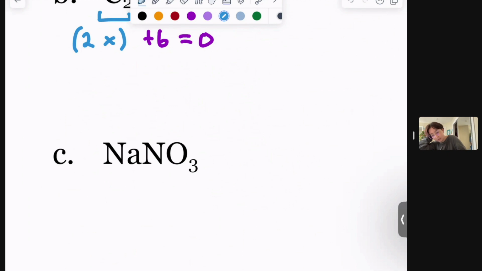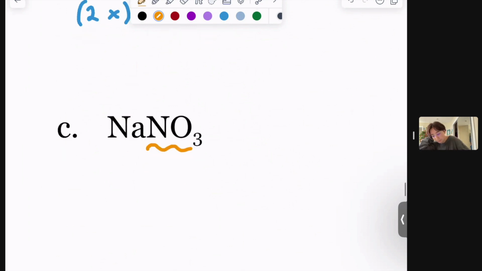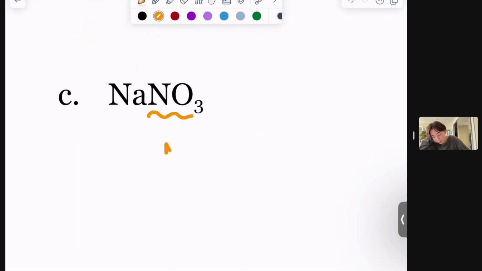I think people get a little bit tripped up when there are polyatomic ions. My strategy for this personally is that I treat polyatomic ions like a unit. So I'm going to pull out my polyatomic ion and just consider it by itself first. And I know that it has a charge of -1. So just looking at that first, I know that oxygens are always -2.